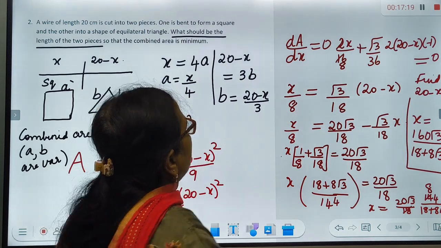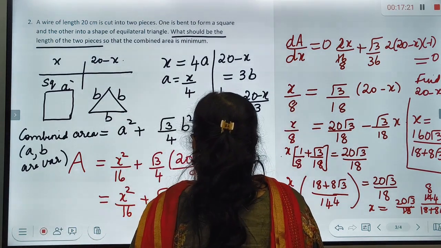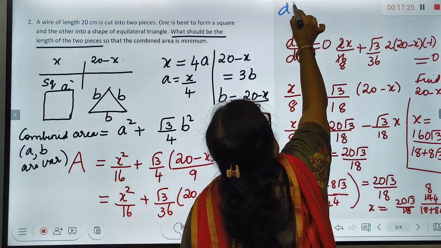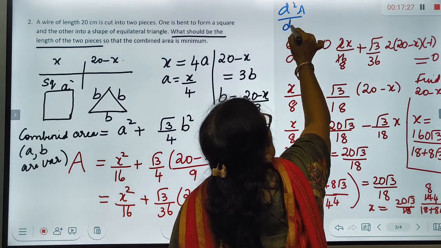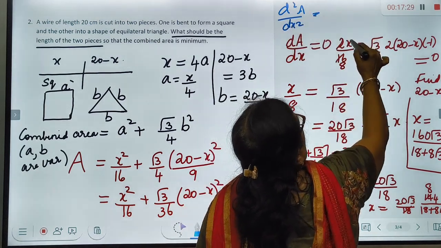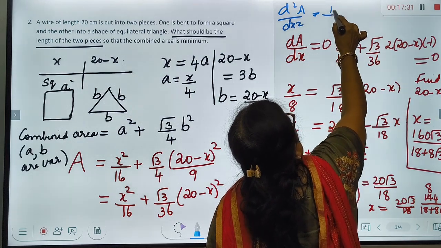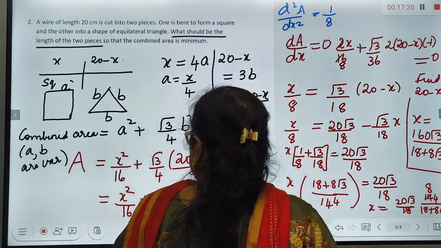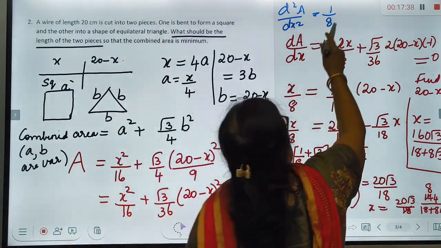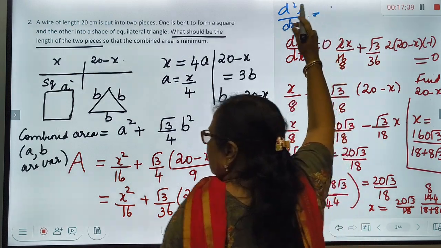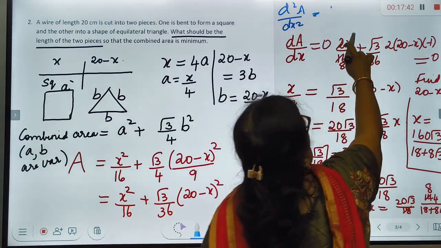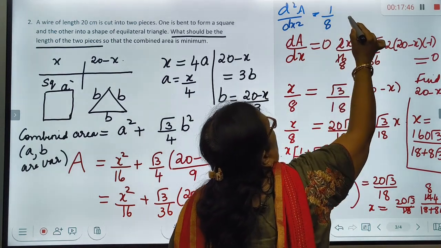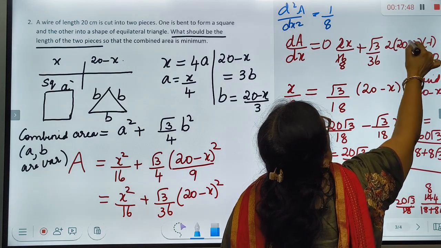we have to find d square A by dx square. Now, d square A by dx square will be, if I simply differentiate this, I will get 1 by 8, right? Sorry, 2x by 16. I've already differentiated here. So, x by 8. So, 1 by 8. Then when I simplify this, what will I get?